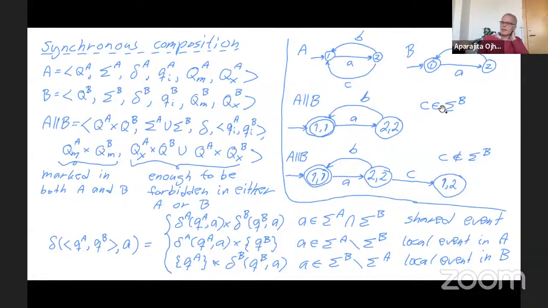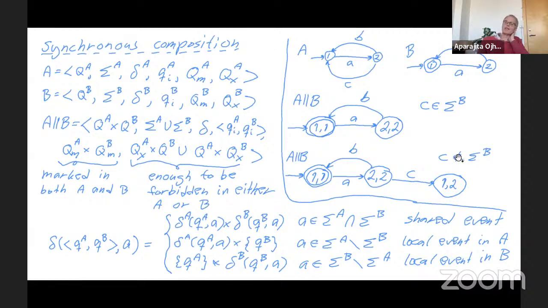Now, if c is also an element of the alphabet of B, it means that it's a shared event. But since c can never happen in B, it can never happen in A either. So that is a trick to, so to say, forbid some transitions in the synchronous composition. And that means that the c event will not happen in the synchronous composition.